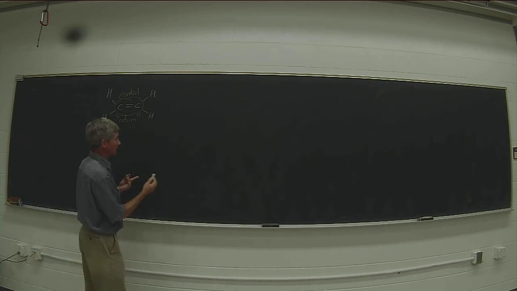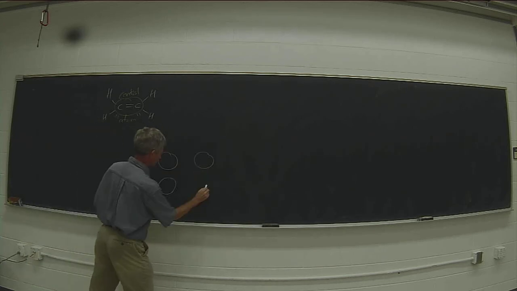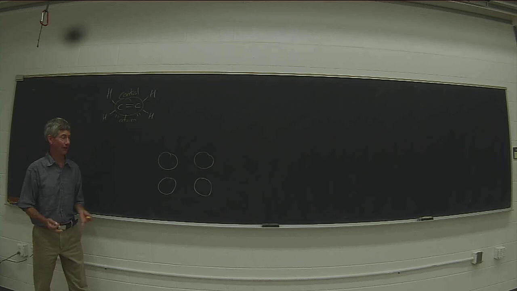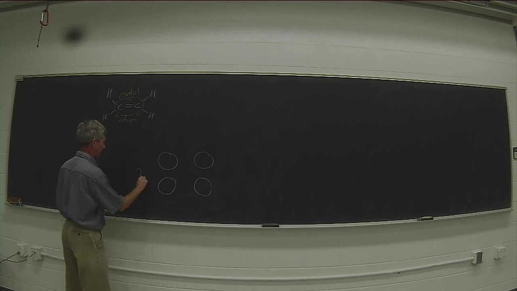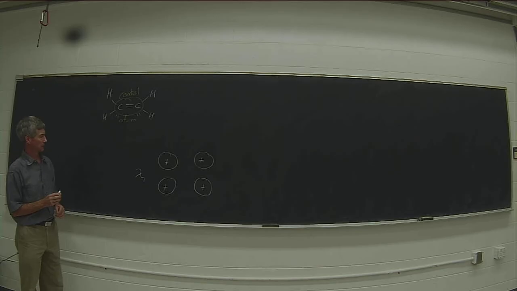So we want to think about the relative position of the 4 hydrogens on a rectangle like this, and we know that the lowest energy orbital will be created with all of those 4 hydrogen 1s orbitals in phase with one another.